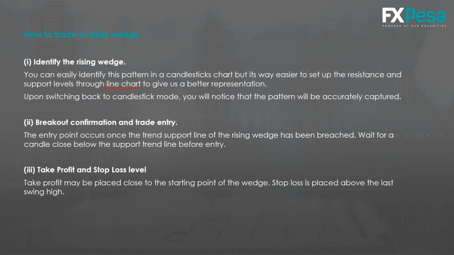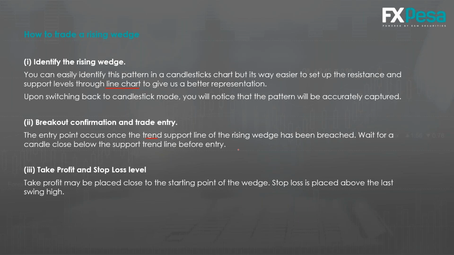So confirm the breakout after identifying the wedge. Confirm the breakout and make sure you check out the trade entry levels, so you get your entry after the break of the trend.